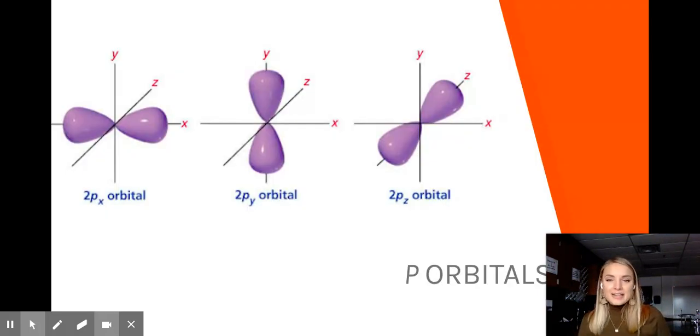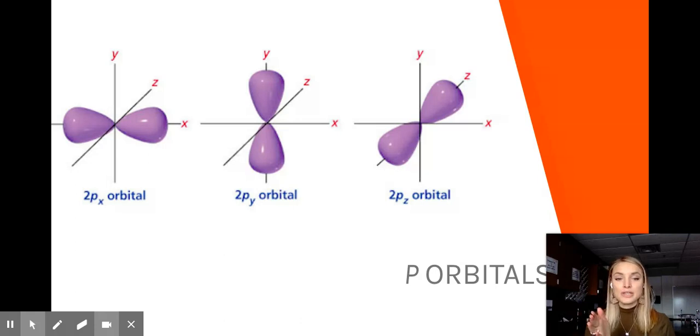Our p orbitals get a little funkier. They are called the dumbbell shape, and they can be oriented in space in 3 different ways. Obviously, our spherical s orbital, you turn it, it looks the same in every direction. But this is an example of a 2p orbital.